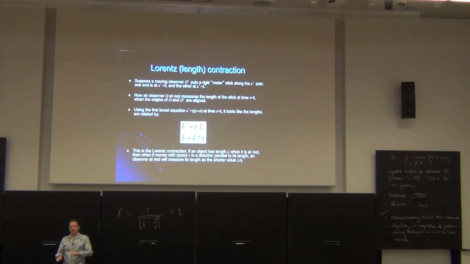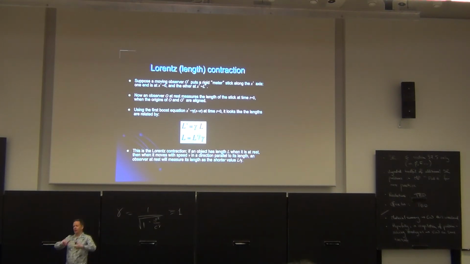Because if it's totally symmetric, you might say, well, the length of an object moving by me appears shorter, but if I turn things around and I'm the person in the moving reference frame and I look at the other, from their perspective I'm moving with the same magnitude velocity, but in the other direction. And am I going to see the exact same effect? And the answer is yes.